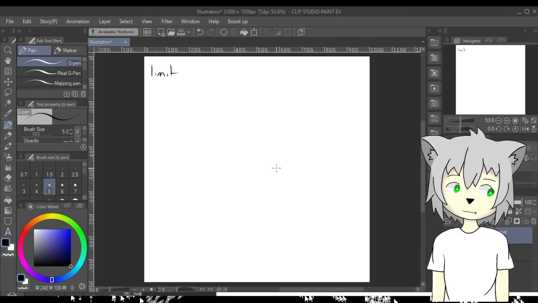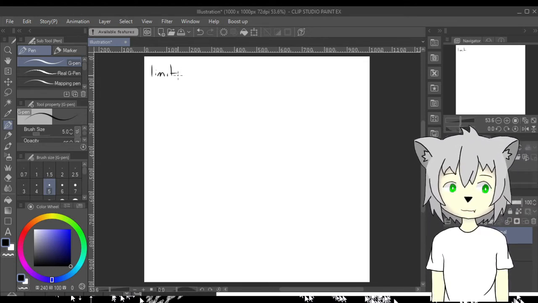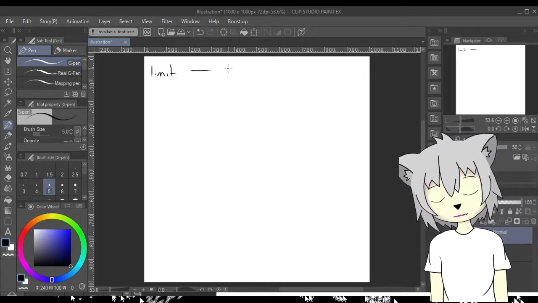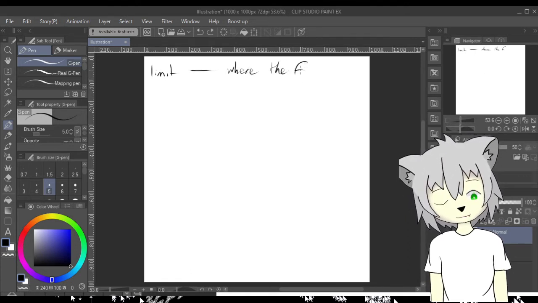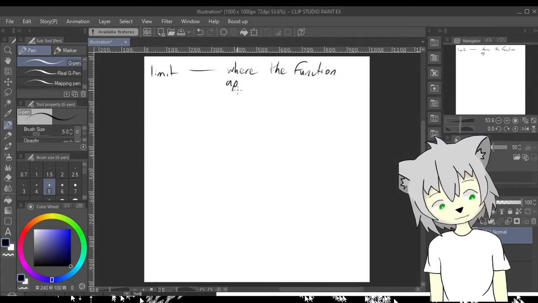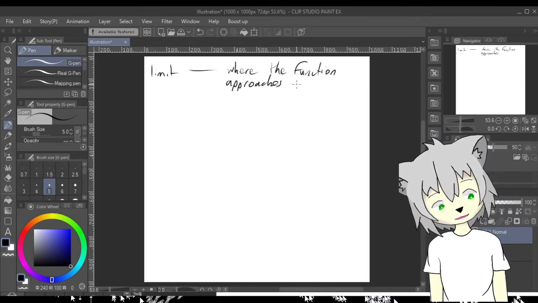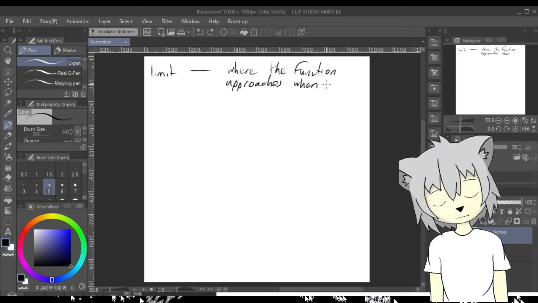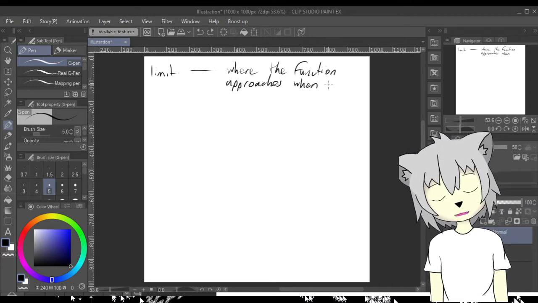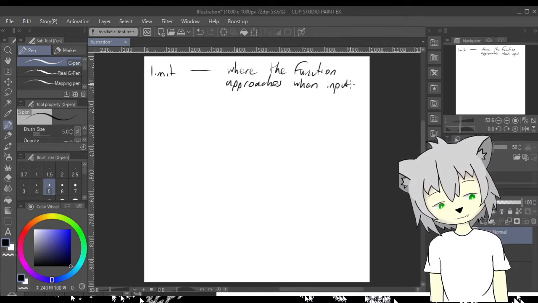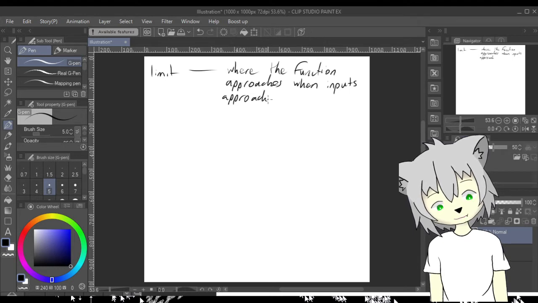I don't know how to explain it other than it's basically where the function approaches, when inputs approach a given value.